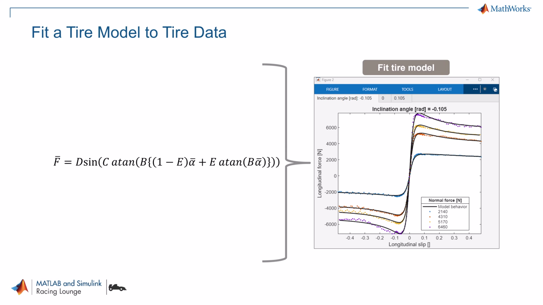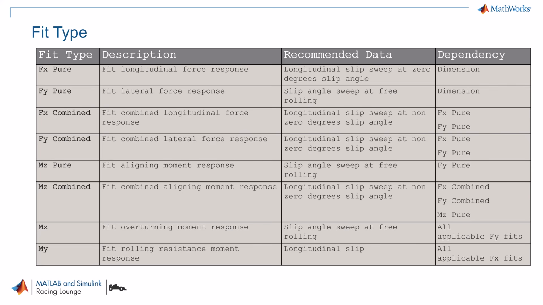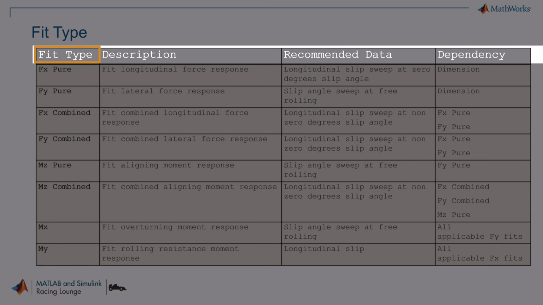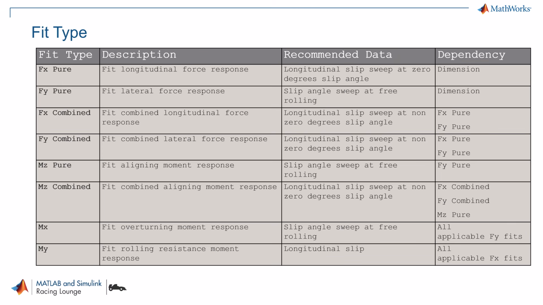Again, before jumping into the code, let's quickly understand why the fit type matters. This table shows different types of fits, along with their descriptions, recommended data, and dependencies. As you can see, there are various fit types such as FX pure, FY pure, FX combined, and more.